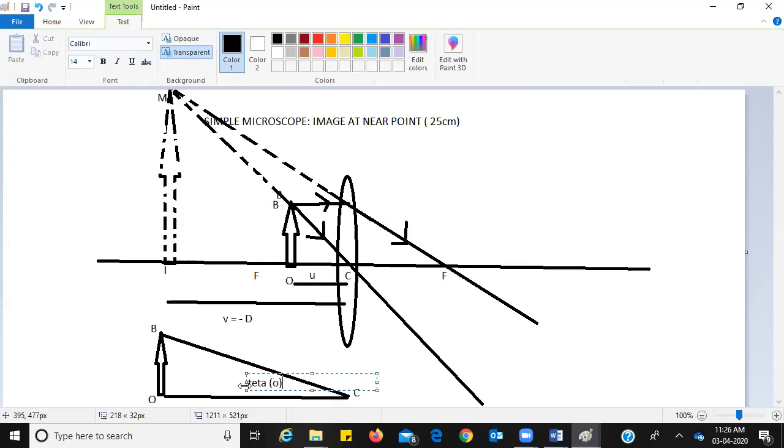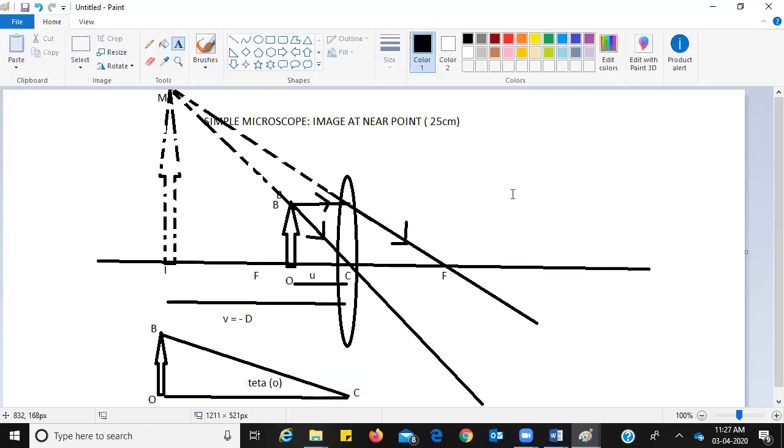Then how to find theta I? We have to join the top and bottom of the image to the eye.